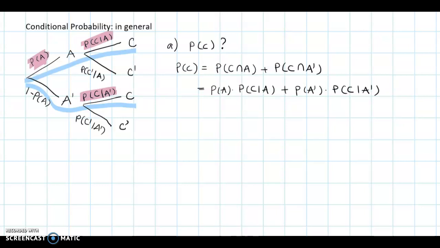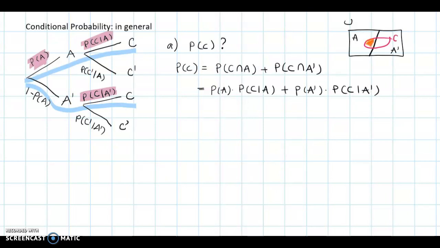If we want to think of this in terms of Venn diagrams, we can imagine over here that we have our whole universe, and then we divide it in two parts. Either A is happening or the complement of A is happening. And then we have a second event, C, here, that can happen at the same time as A is happening.